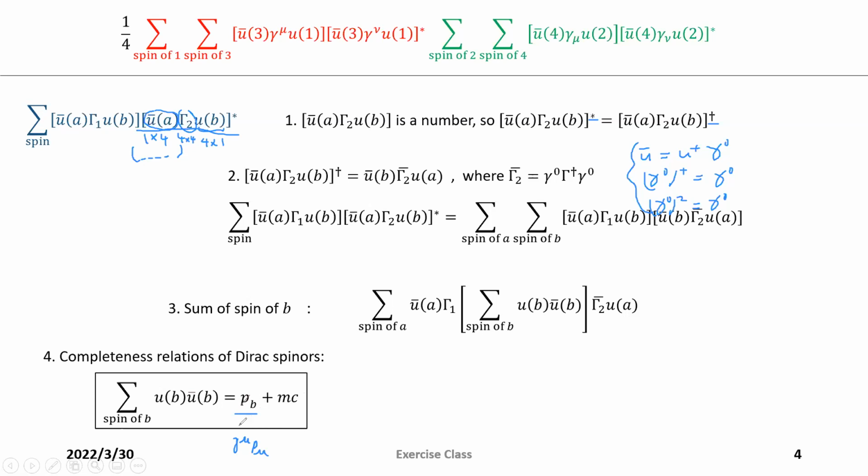So this is a 4 times 4 matrix. And just a note, more rigorously, there should be an identity matrix here, but as usual, we will omit this. So after using the completeness relations, we can substitute in here, and we just denote this whole 4 times 4 matrix by Q.